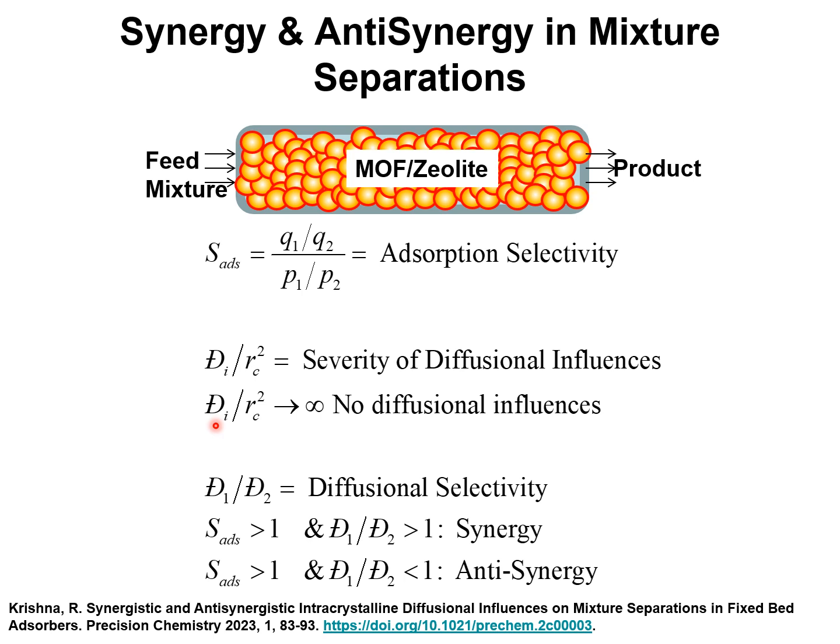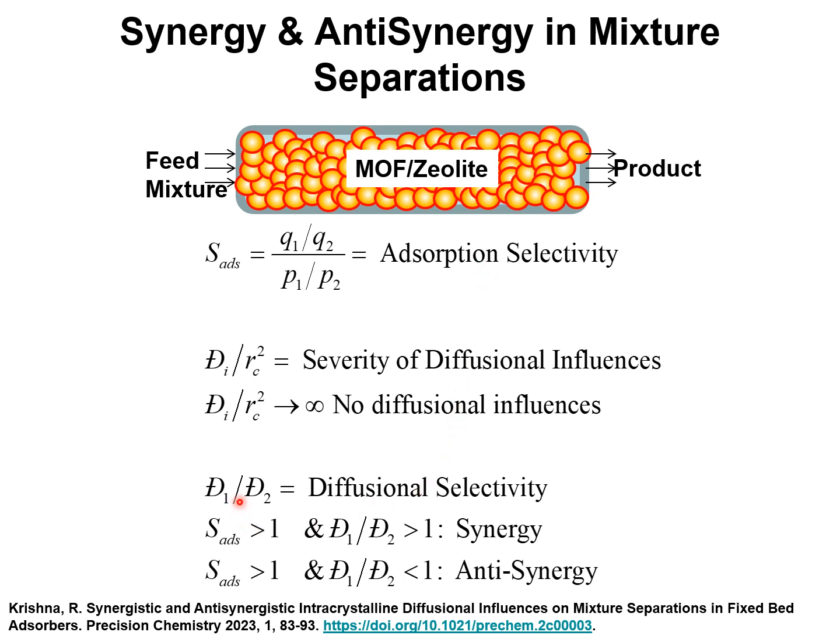If the ratio D sub i divided by r c squared is very large, there are no diffusional influences, and the separations are dictated primarily by the adsorption equilibrium.